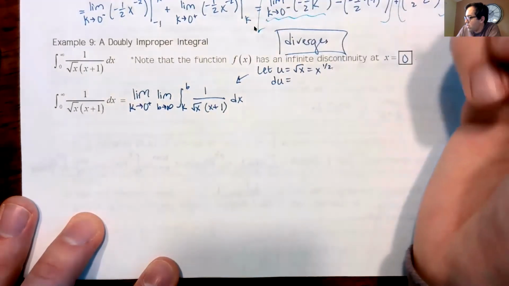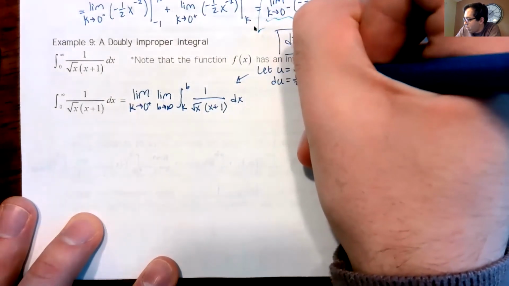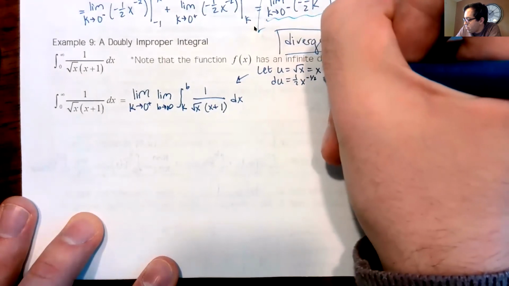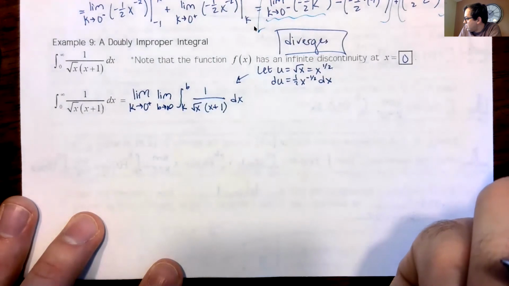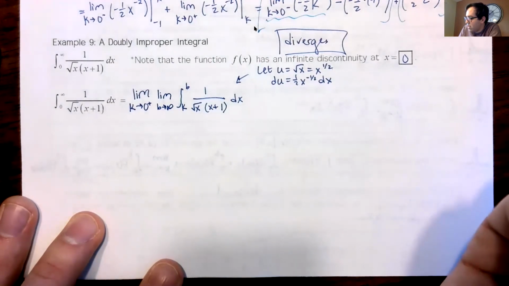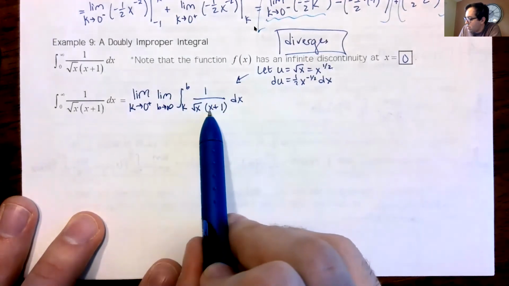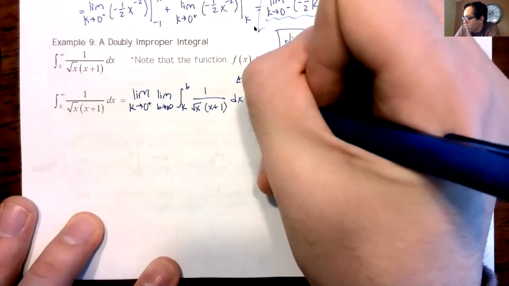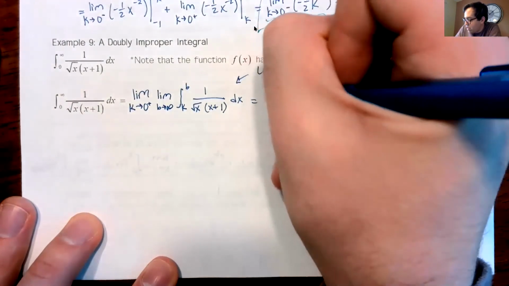Du, therefore, could equal 1/2 x to the negative 1/2 times dx. And that's going to be pretty nice because, let's see, why is that going to be so nice? Well, I'm going to rewrite this one so that we can see, just like we did with that other question. So we're going to have to write both of these limits every time.